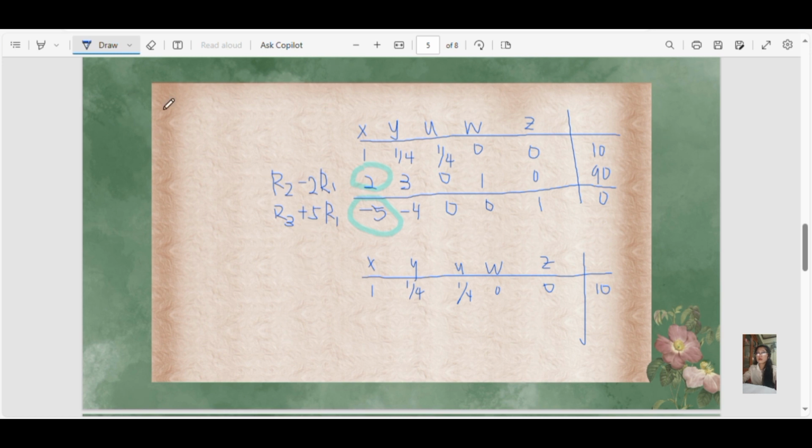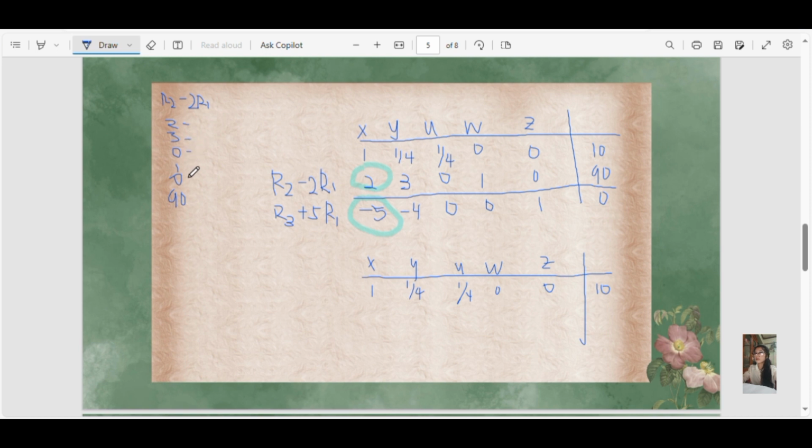Let's create the formula for row 2, that is R2 minus 2R1. What is R2? That is 2, 3, 0, then 1, 0, and 90.